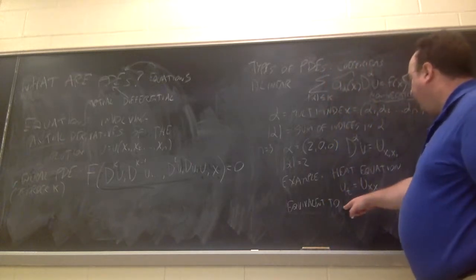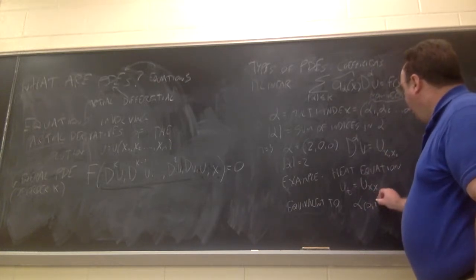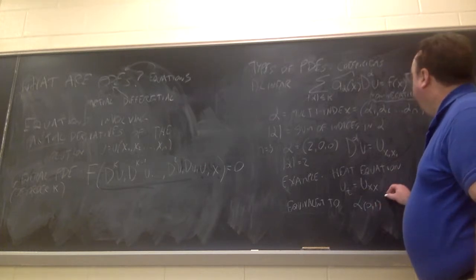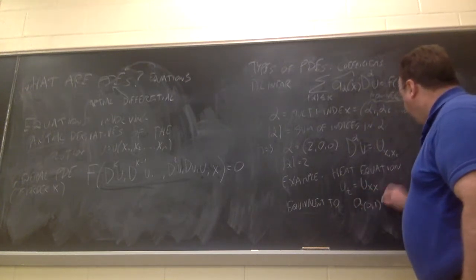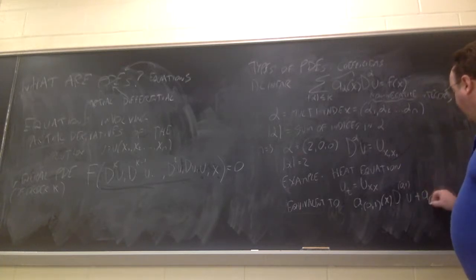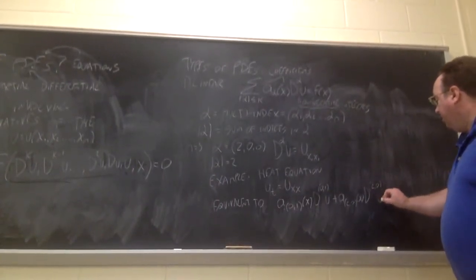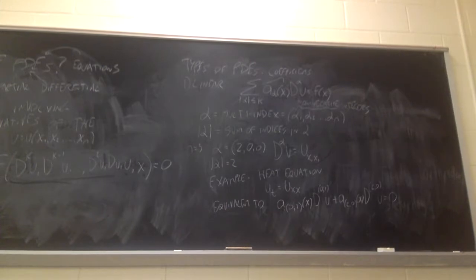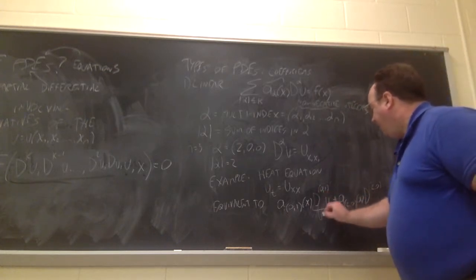it is equivalent to a 0,1 of x, d 0,1 of u, plus a 2,0 of x, d 2,0 u is equal to 0, where if I let x be the first variable and t be the second, this is ut.